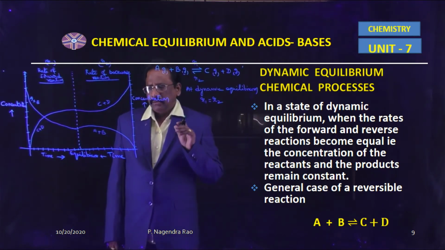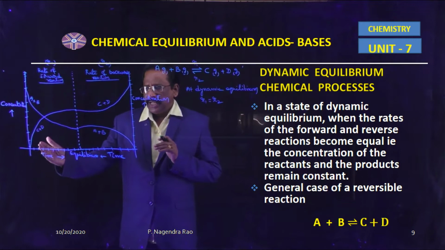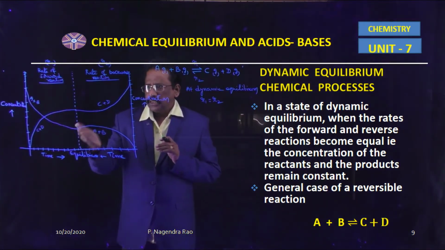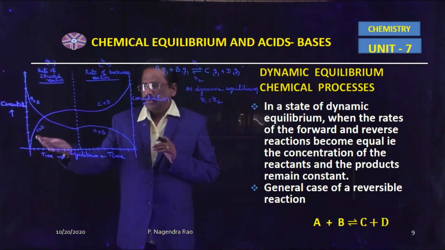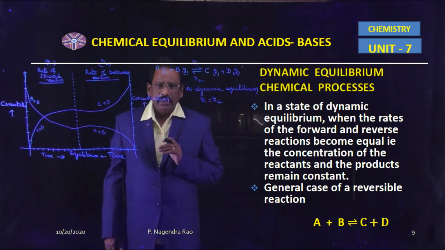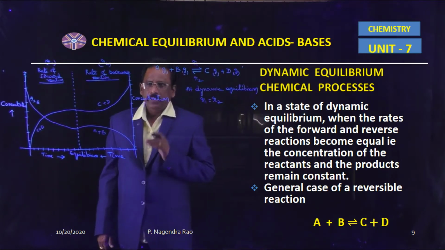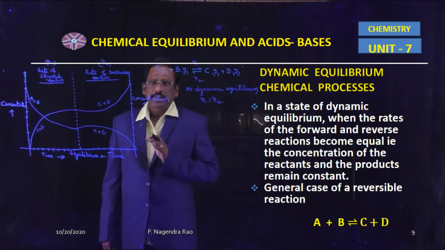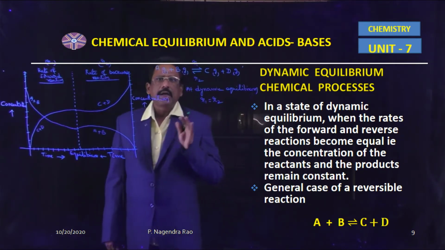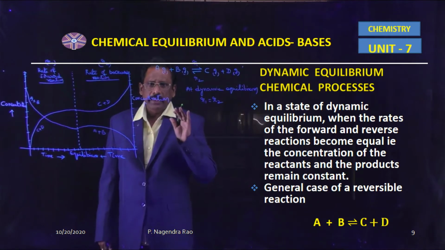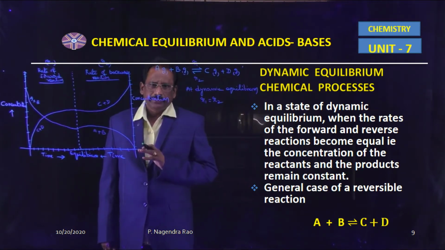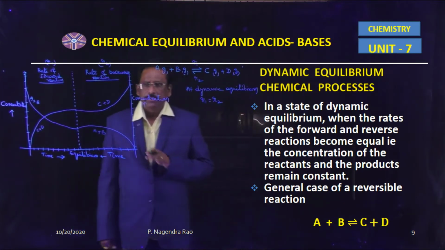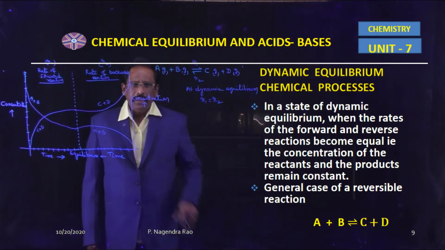And the next point is when time increases, slowly the reactant's concentration decreases and product's concentration automatically increases. So here the concentration of the substance is expressed in terms of molarity, moles per liter. So this is the meaning of dynamic equilibria in chemical phenomena.